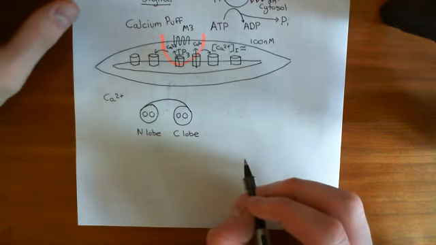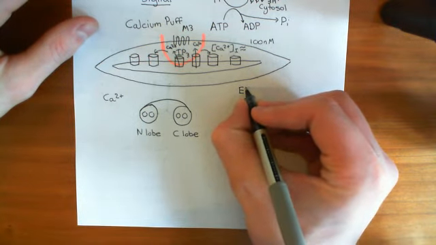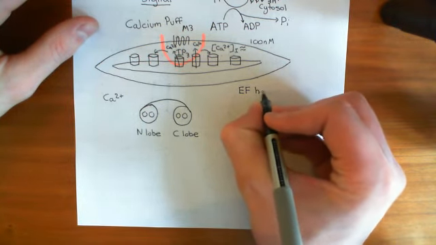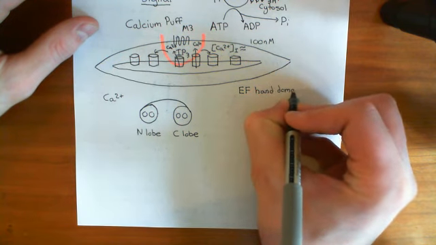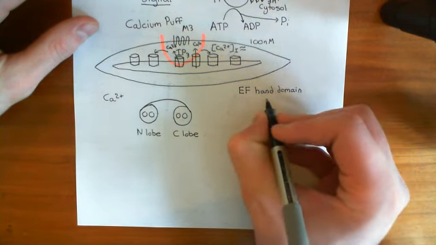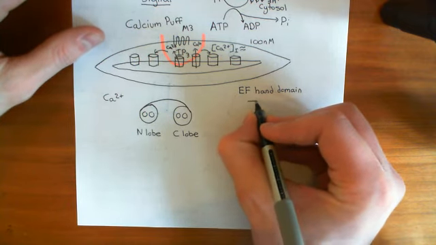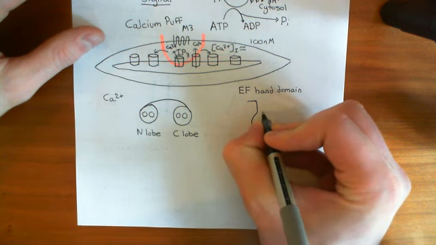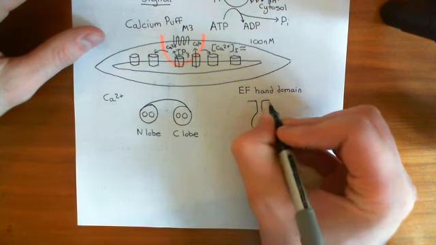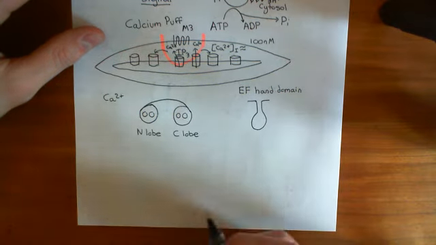Now these calcium binding sites are what are known as EF hand domains. So let me explain to you what an EF hand domain is. An EF hand domain is a polypeptide loop basically, that looks kind of like this. It's a domain within a protein that is capable of binding to calcium ions, to divalent calcium ions.